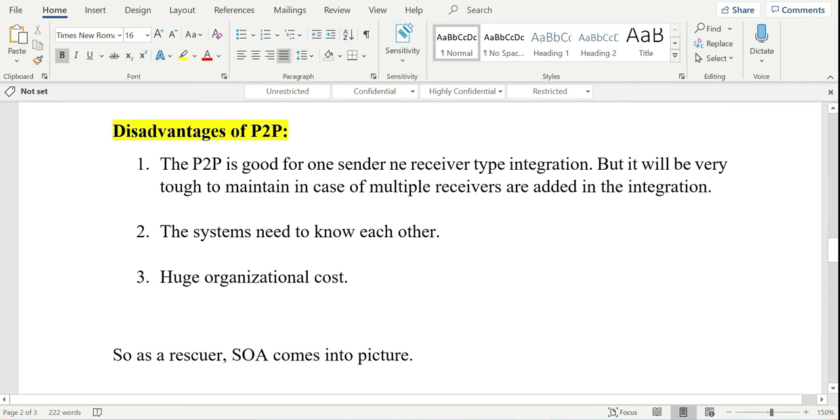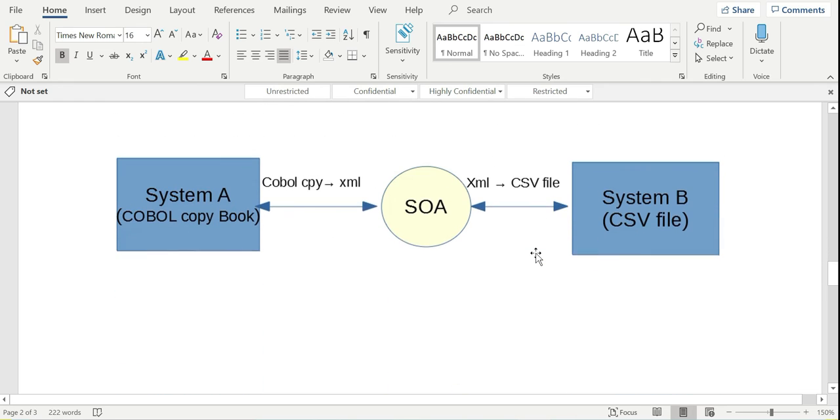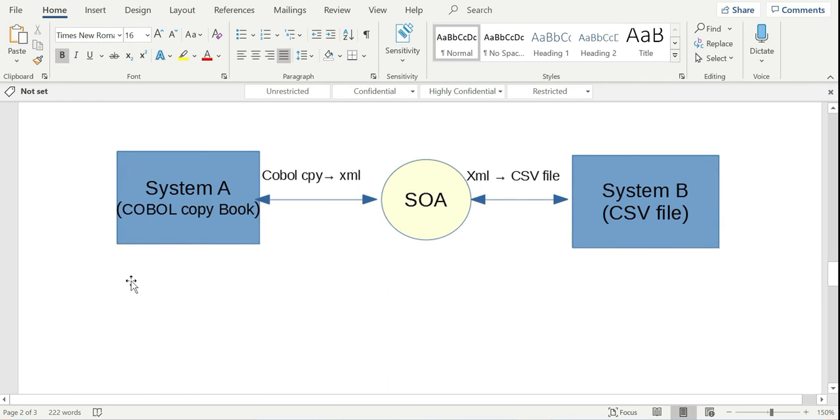So in this scenario, as a rescuer, SOA comes into this picture. So this is the flow in SOA. The same kind of source and target as I showed in the above diagrams for P2P integrations. In SOA, what it does actually, SOA understands just one language, that is XML.